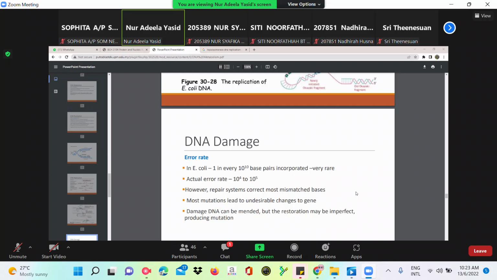You can read that Taq polymerase is isolated from thermophilic bacteria, from hot springs or similar. It has a proofreading mechanism, so it can help prevent any mutation and help correct mismatches or whatever problem with the DNA, because mutations lead to undesirable changes to the gene.